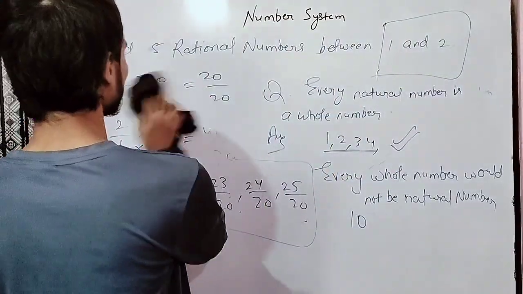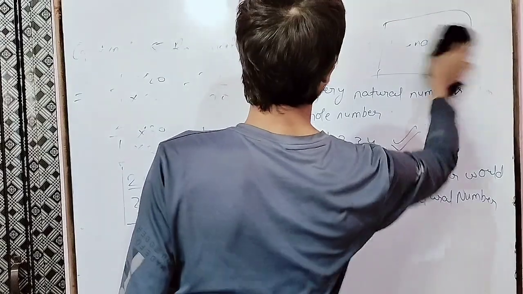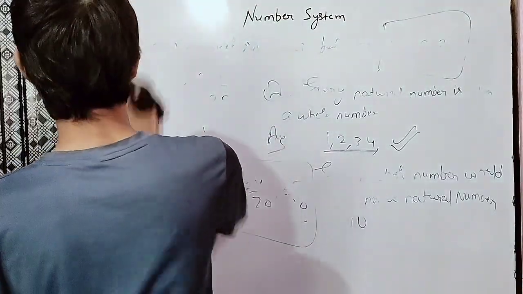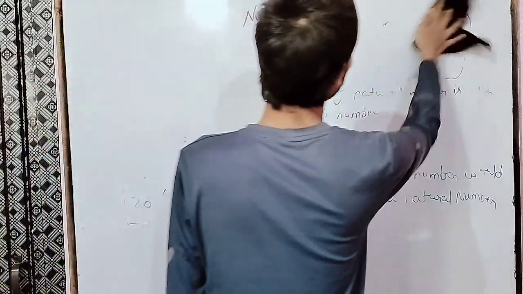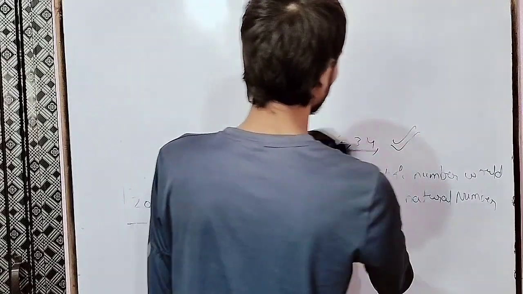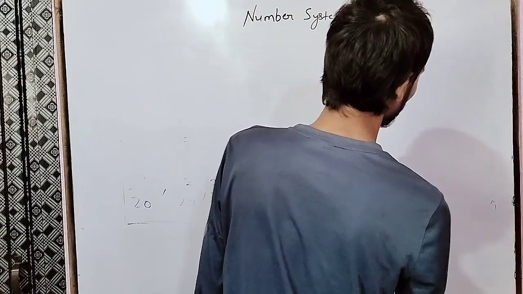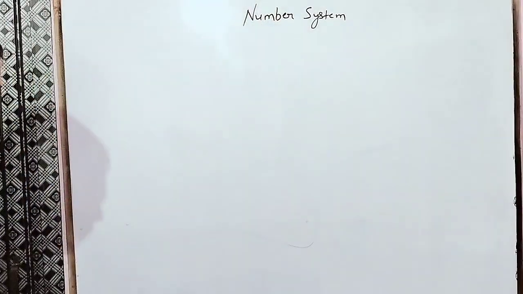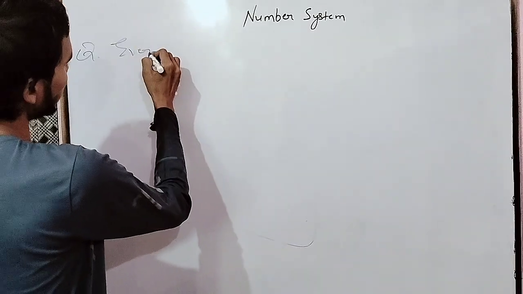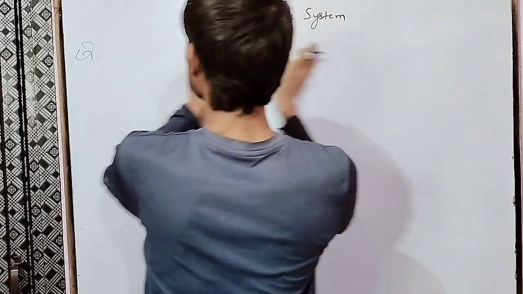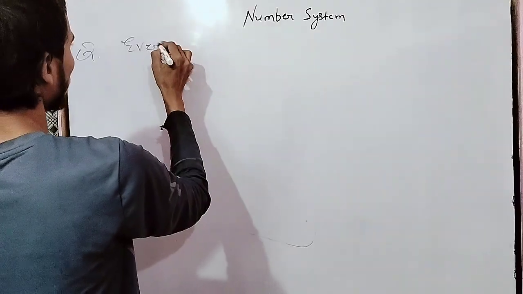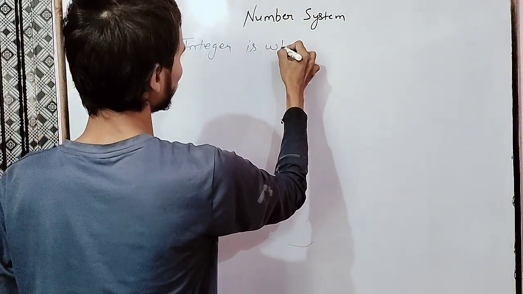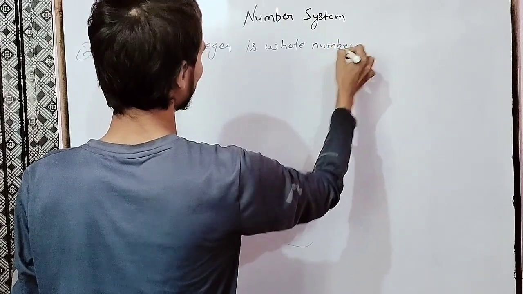Now the next question. Every integer is a whole number. Is it correct or not?